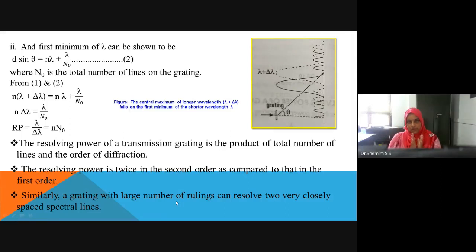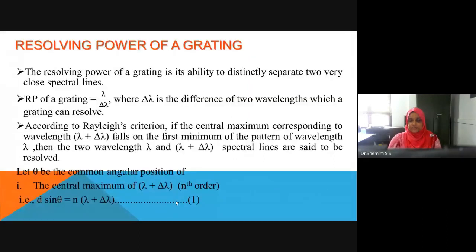So, the resolving power of a grating is defined as the ability of the grating to distinctly separate two close by spectral lines, or resolving power is equal to lambda by delta lambda, where delta lambda is the difference in wavelength between two nearby spectral lines. If you are considering two wavelengths, lambda and lambda plus delta lambda, the two wavelengths are said to be just resolved if the central maximum due to the first one coincides with the first minimum of the other one.